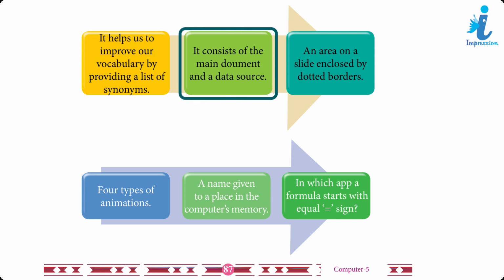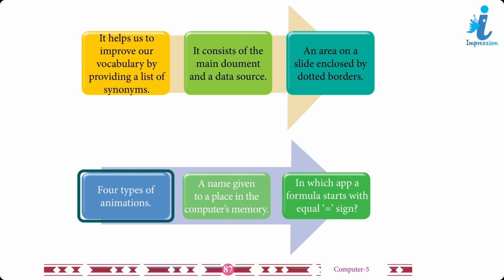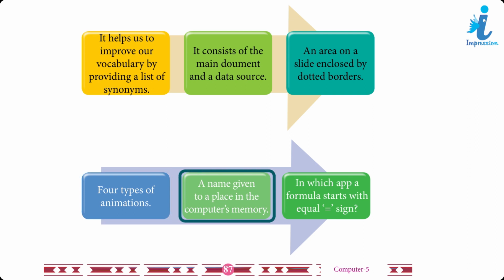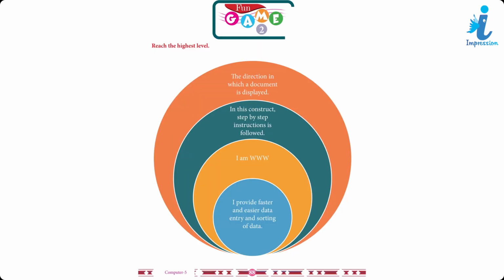It consists of the main document and the data source. An area on a slide enclosed by dotted borders. 4 types of animations. A name given to a place in the computer's memory. In which app a formula starts with equal sign? Answer: do it yourself.